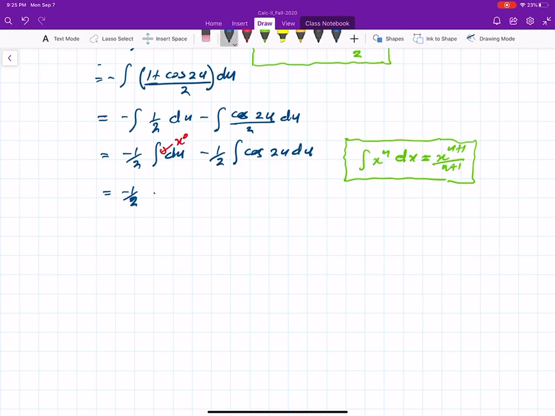I'm sorry, I made a small mistake, not x, the variable is u, keep that in mind. Here the variable is u. Now it is like u to the power 0 plus 1, because if you had n here, it should be n plus 1 there. If you had 0 here, it should be 0 plus 1.